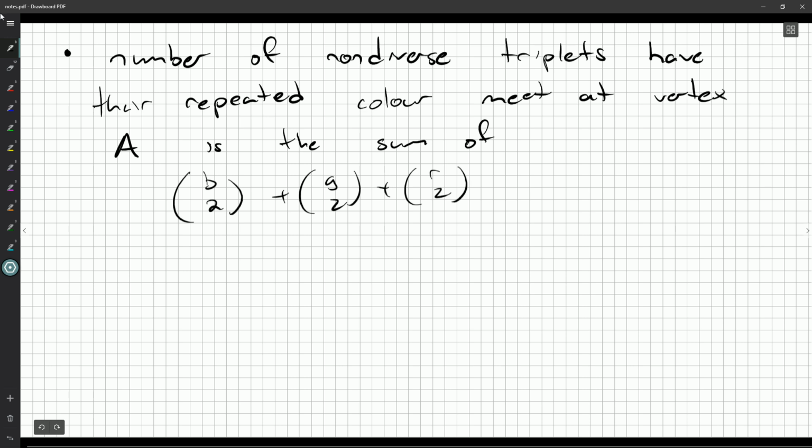I'm going to explain these in a moment, where 1 choose 2 and 0 choose 2 are equal to 0.